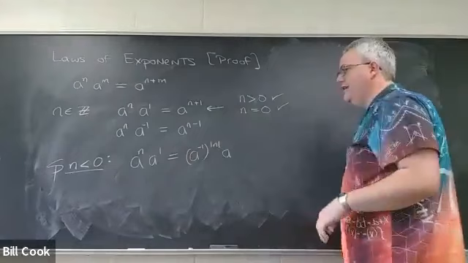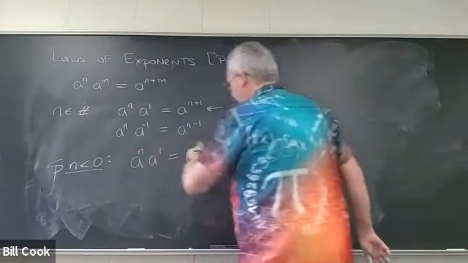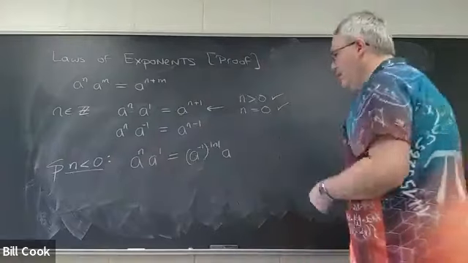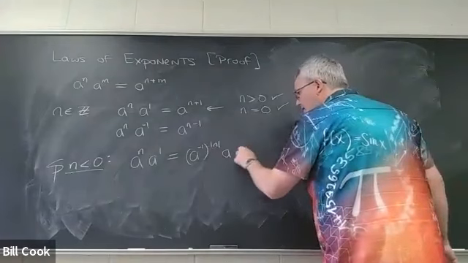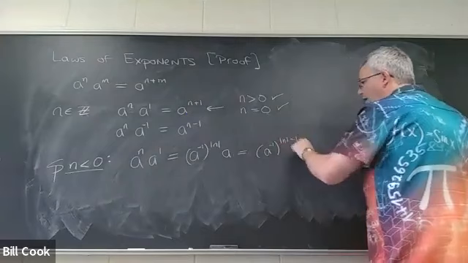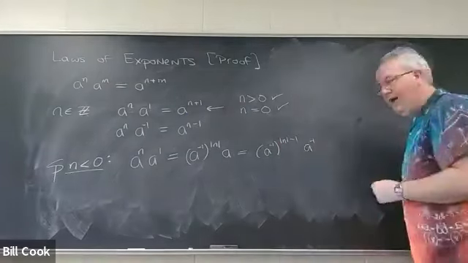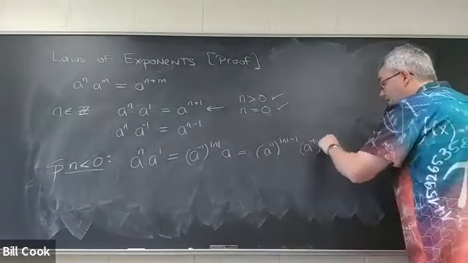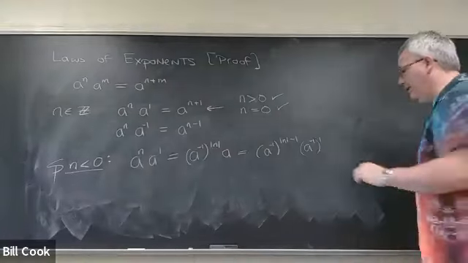That's what a to the first is. Now the thing is, if n is negative, this magnitude is at least 1, and so we can pull off a power. We know this is the same thing as a inverse to the magnitude of n minus 1, times a inverse to the first power. That's a law of exponents that we've already proven because it's only involving non-negative powers.